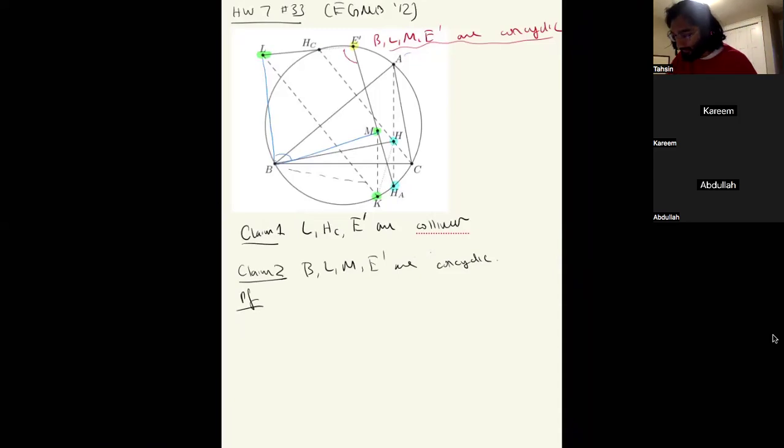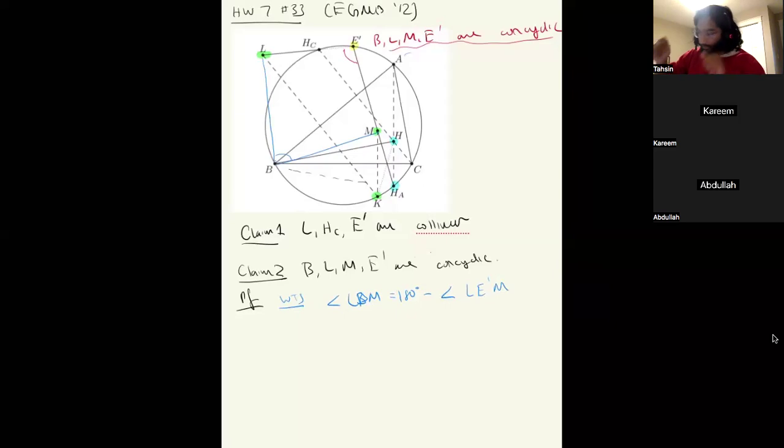Okay, so we'll show what we want to show is that angle LBM is equal to 180 minus angle LE'M.